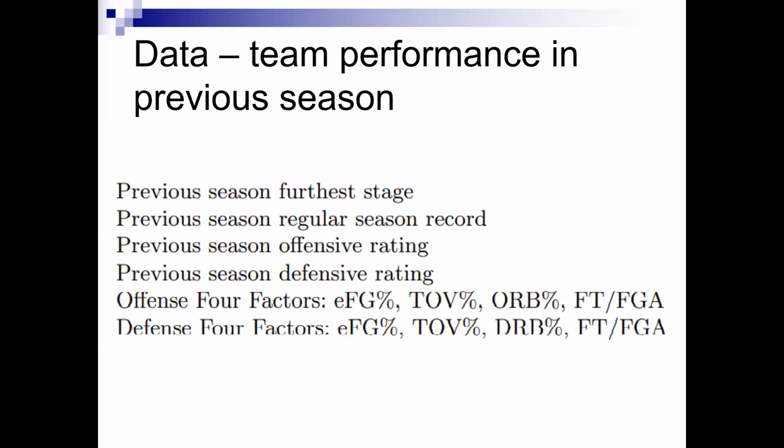Then we looked at team performance from the previous season, and we gathered data about which stage they reached and how they did in the regular season. We also collected an offensive rating in terms of points scored per 100 possessions and a defensive rating in terms of points allowed per 100 possessions.